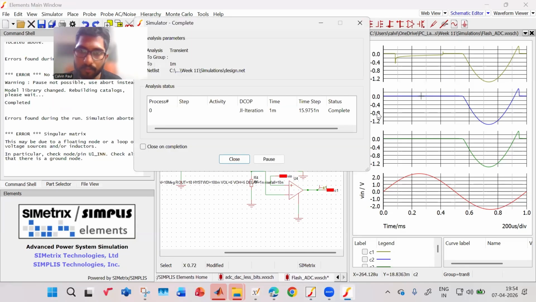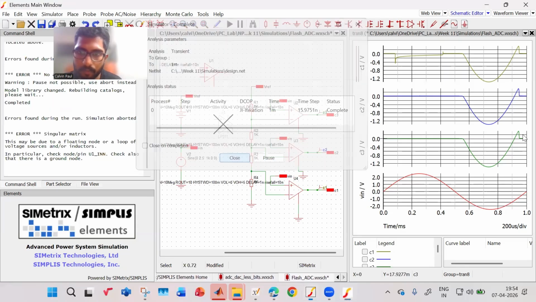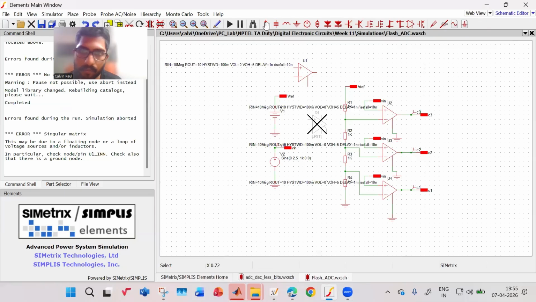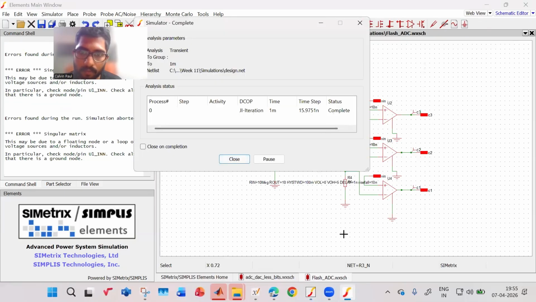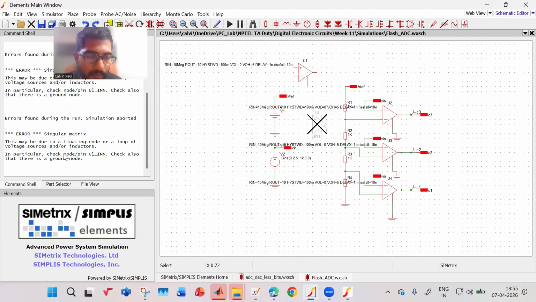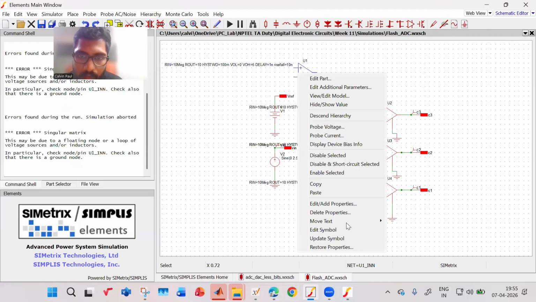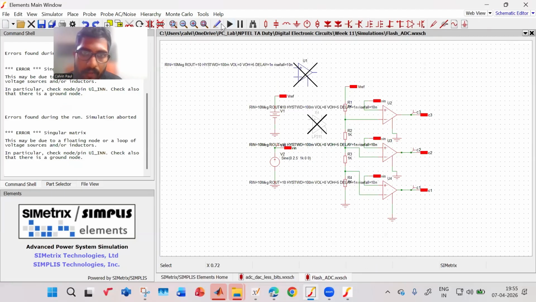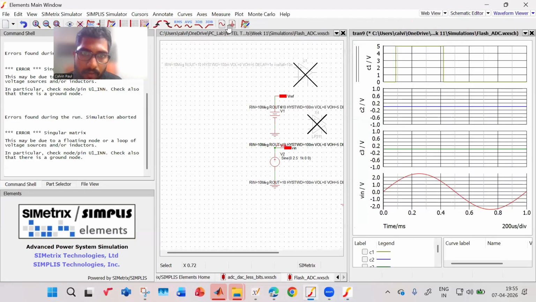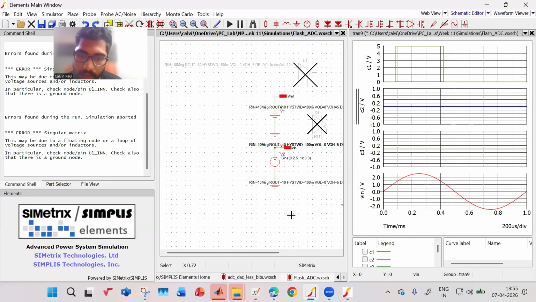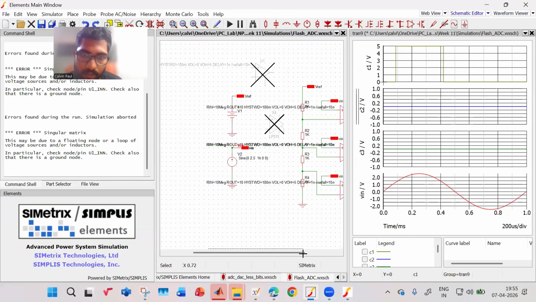Let us check now. Okay, it seems to be much better. So this shows the comparators.